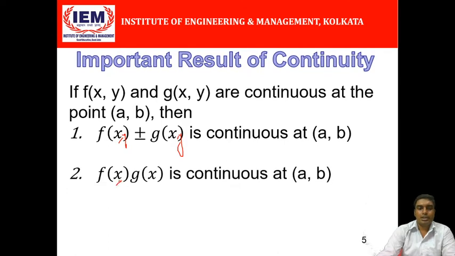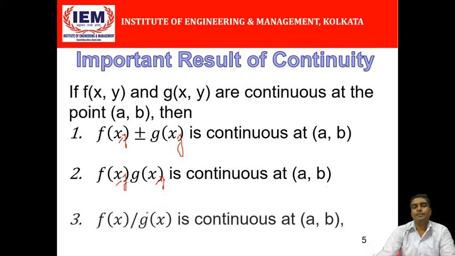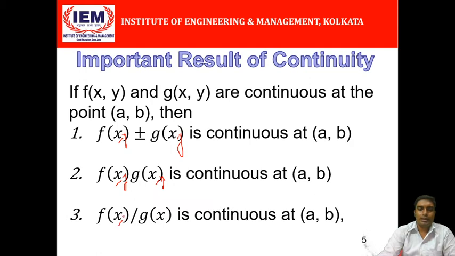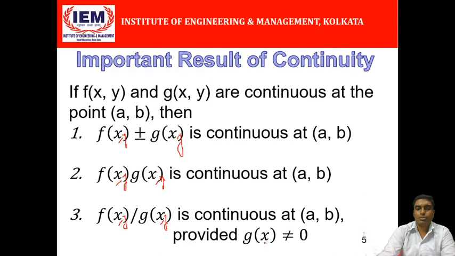Similarly, the product of these two functions should also be continuous at the point a and b. And the last one, the quotient of f of x, y and g of x, y, should be continuous at the point, provided that the functional value of g of x, y is not 0 anywhere in the neighborhood of this point a and b.